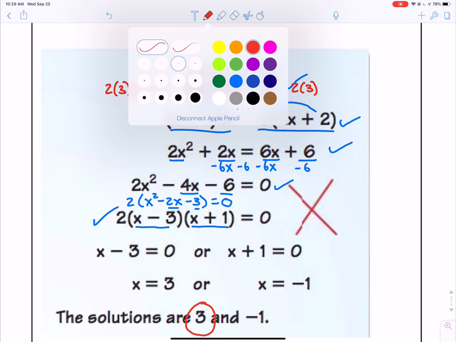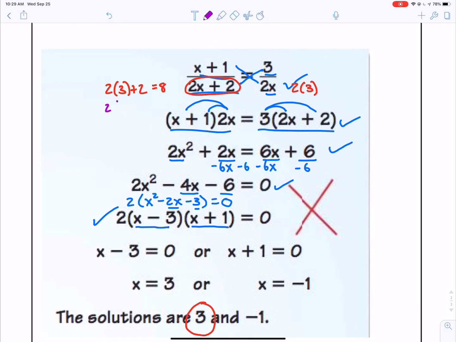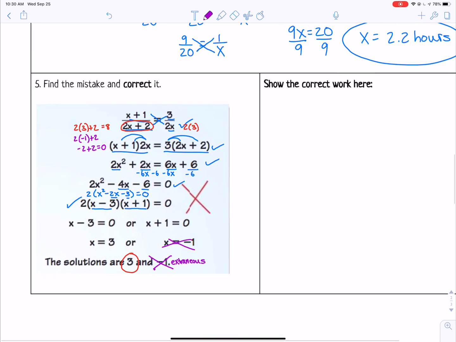Let's check -1. So 2 times -1 plus 2 would be -2 plus 2, which is 0. Oh, so -1 cannot be a solution. That one was extraneous. So the only thing they missed in this problem was the fact that -1 cannot be a solution, even though it looks like it can.